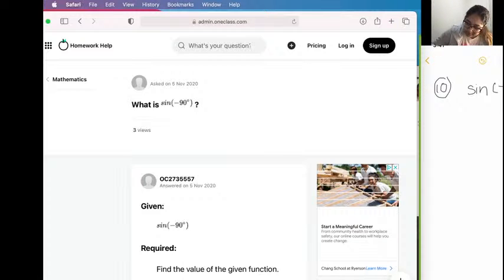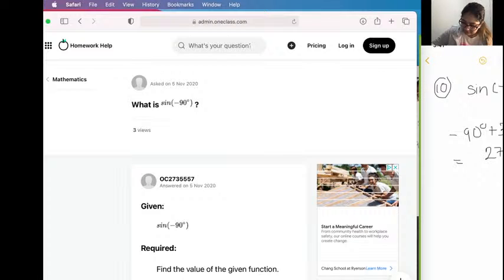So the way we can do this is apply the rule where, in order to do this, we have to do -90 plus 360. So this will give us a positive angle, which equals 270.